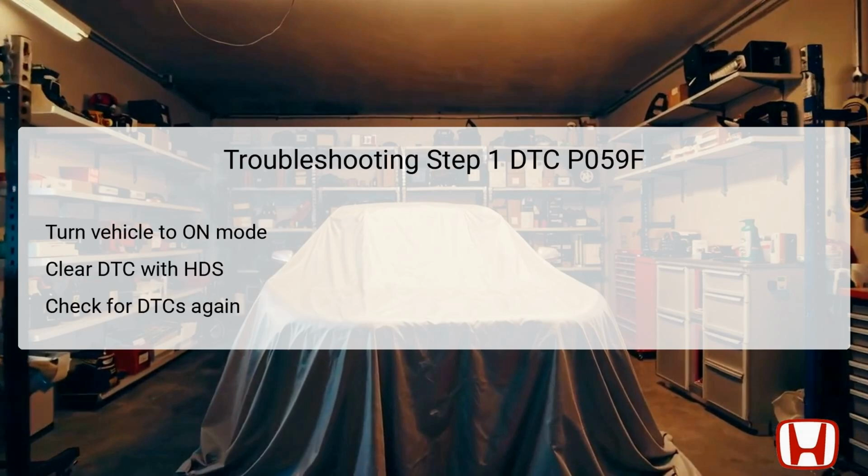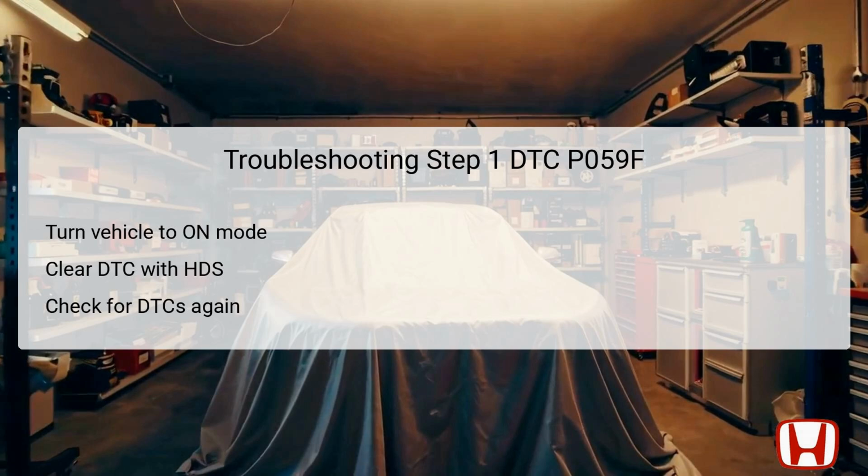In the first troubleshooting step for DTC P059F, begin by turning the vehicle to the on mode. This initializes the vehicle systems, allowing the Honda Diagnostic System, HDS, to access the onboard diagnostic data effectively. Next, clear the DTC using the HDS, which resets the system flags.